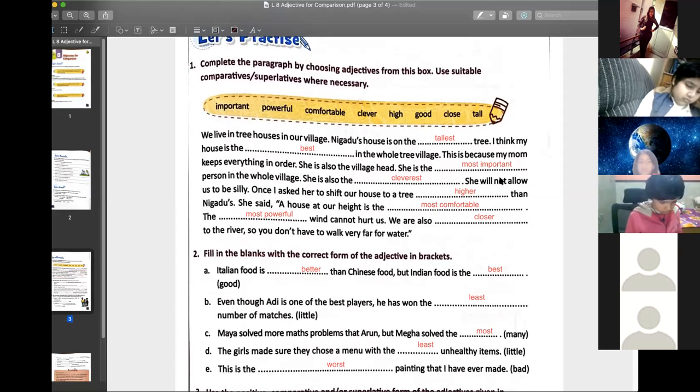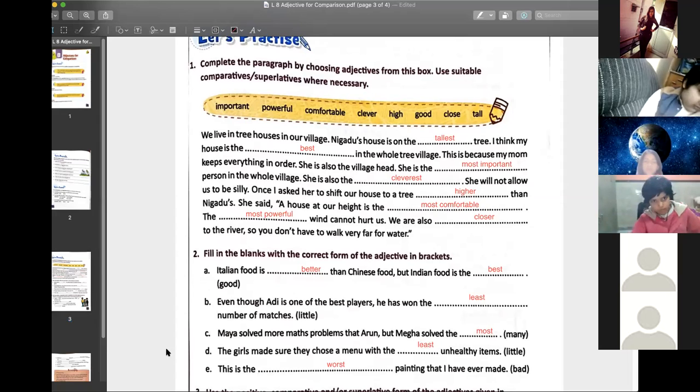Yes, it is very easy because we have understood. It's easy for those who have understood. Any doubt, you can raise your hands now if you have doubts.